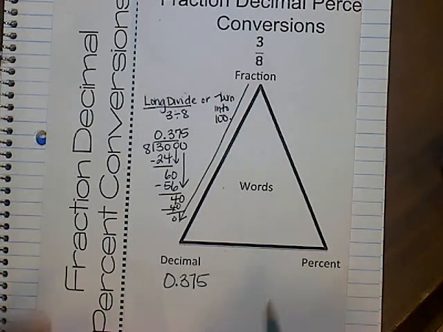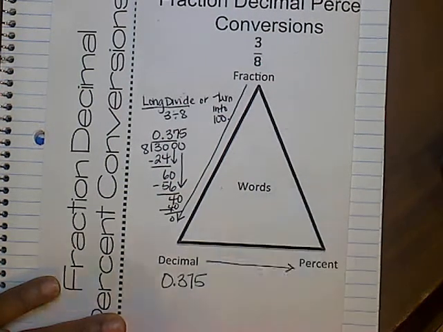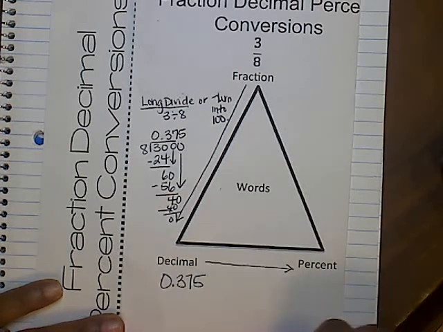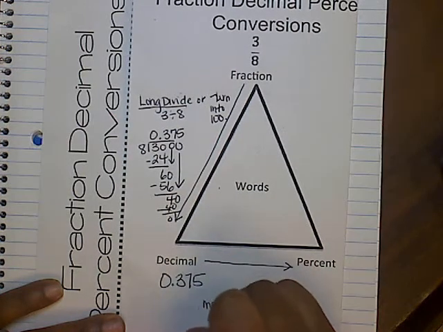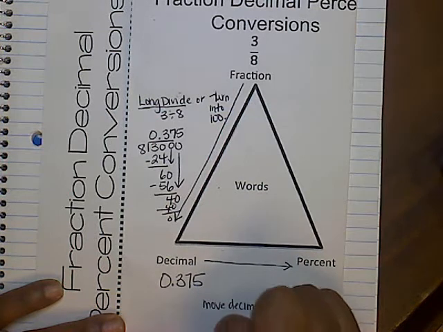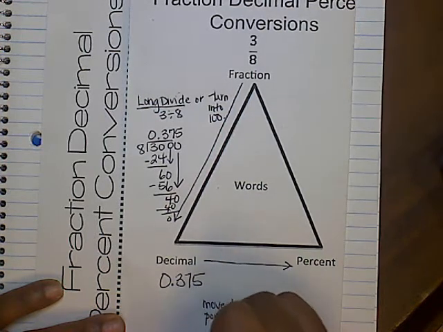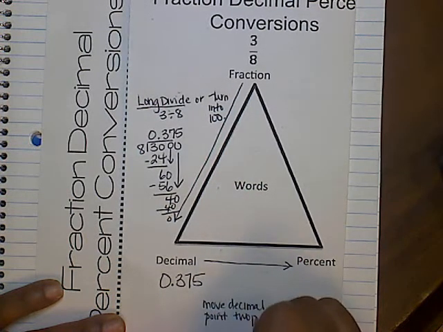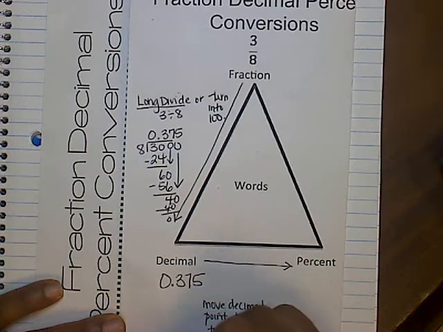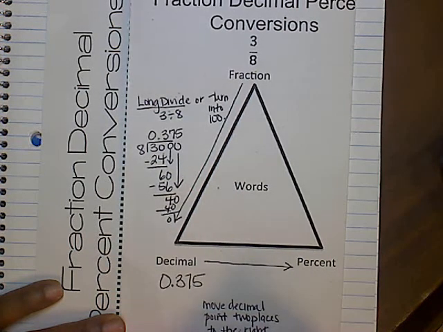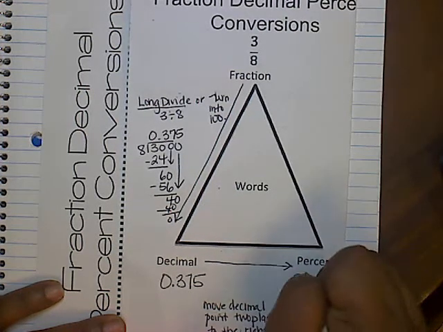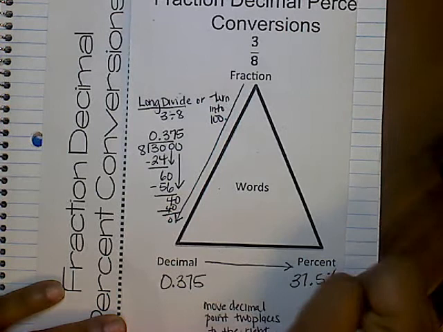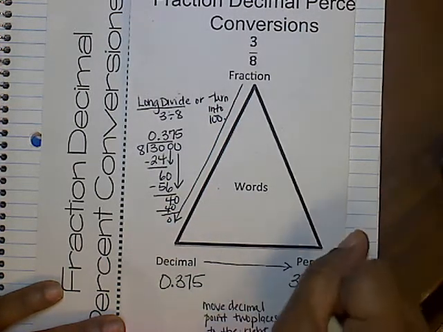So if we want to go from a decimal to a percent, remember we're just moving that decimal point 2 places to the right. So that's just going to look like this. Just going to move it twice. Okay? So to the right. So that gives us 37.5%.